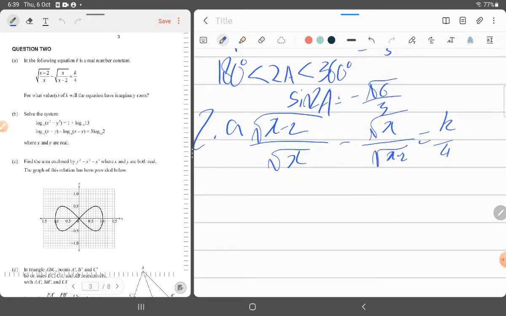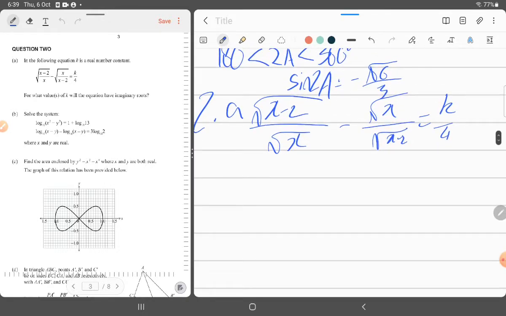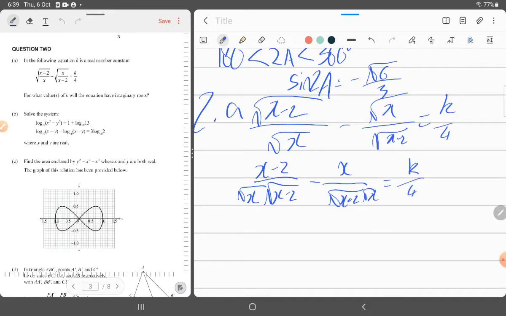Make the denominators the same, so cross multiply, so x take away 2 over square root of x, square root of x take away 2, take away x over square root of x take away 2 square root of x equals k over 4.